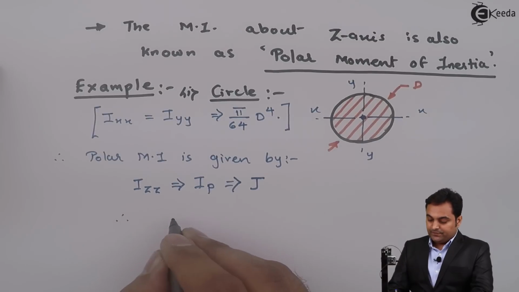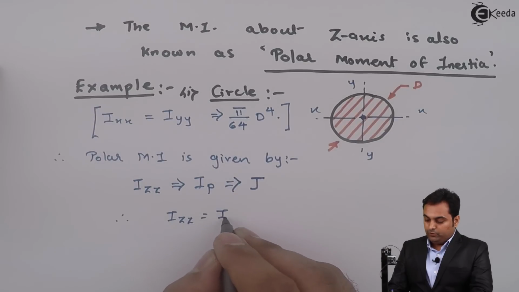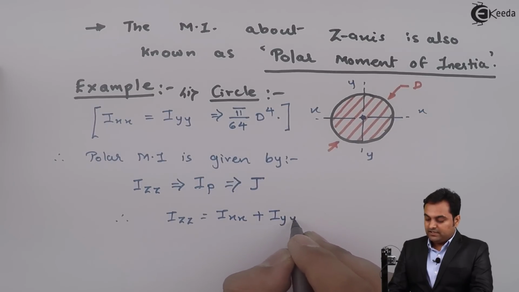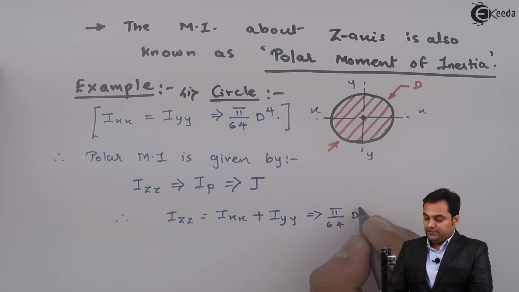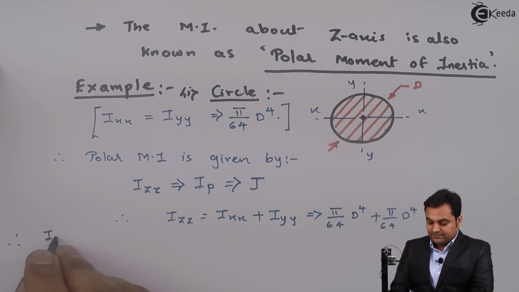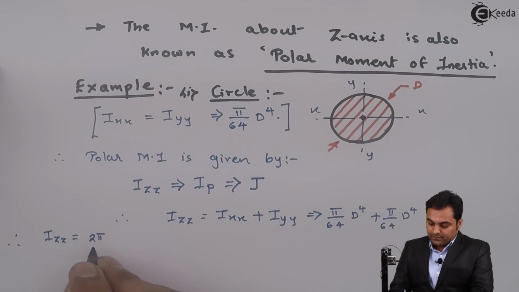So here Izz will be equal to, we know by perpendicular axis theorem, Ixx plus Iyy. So here Ixx is pi by 64 capital D raised to 4 plus Iyy is pi by 64 capital D raised to 4. So therefore Izz will be equal to 2 pi by 64 D raised to 4.